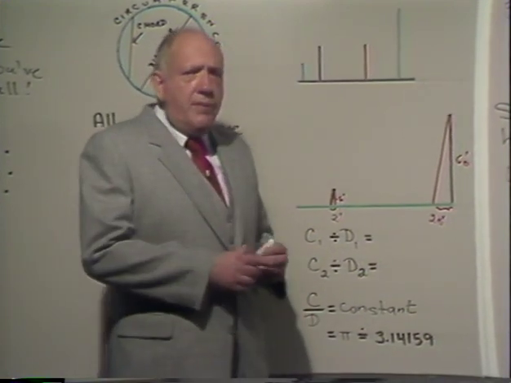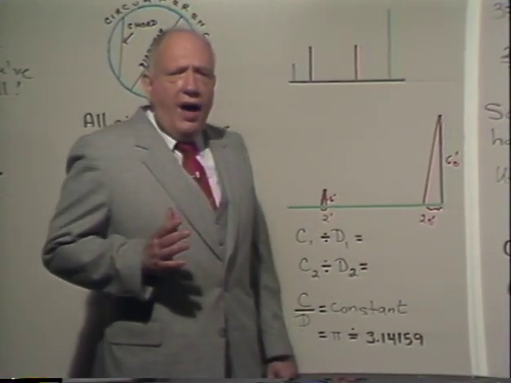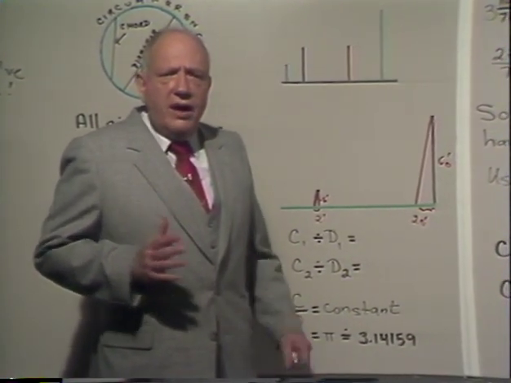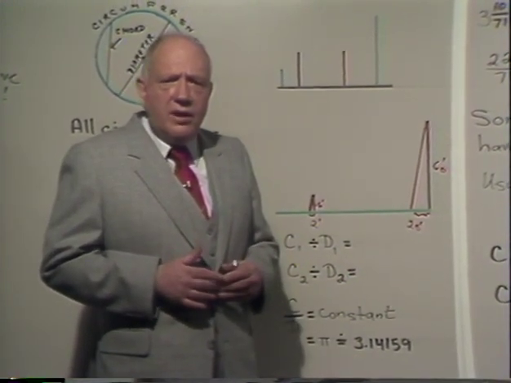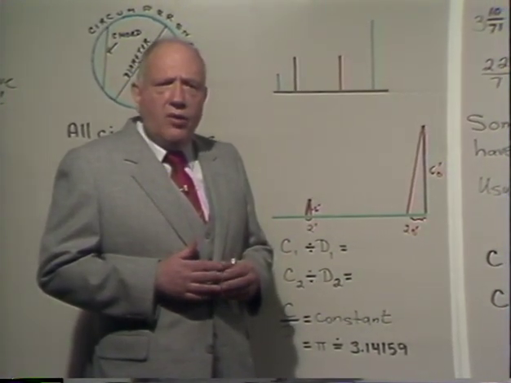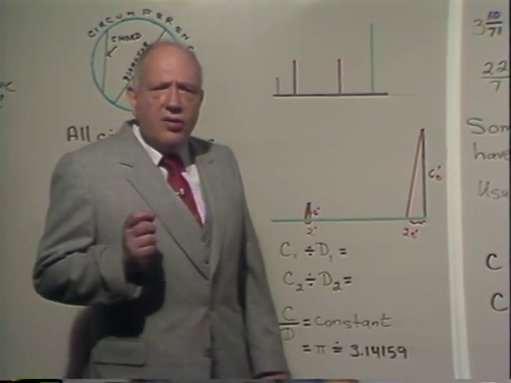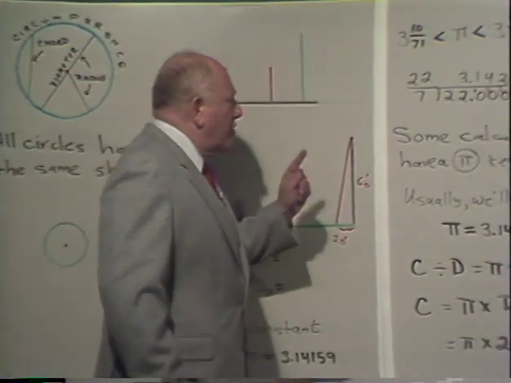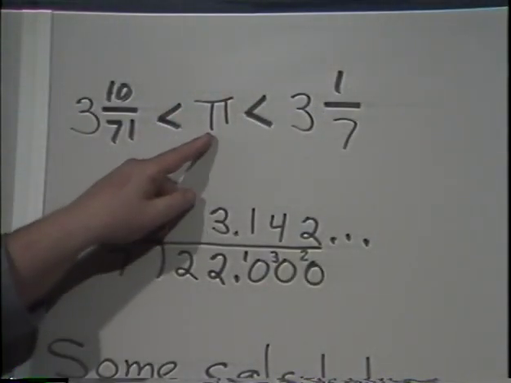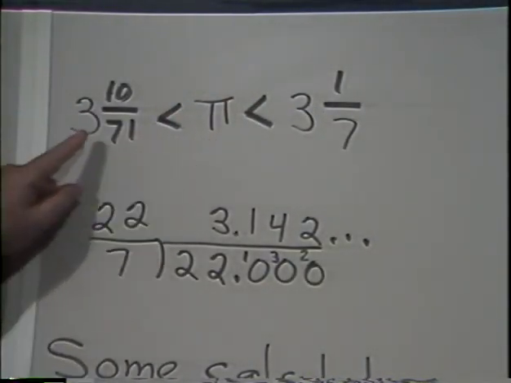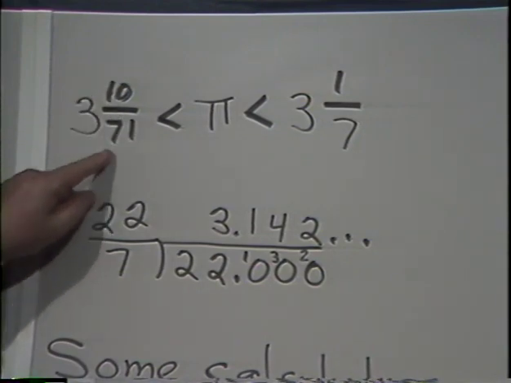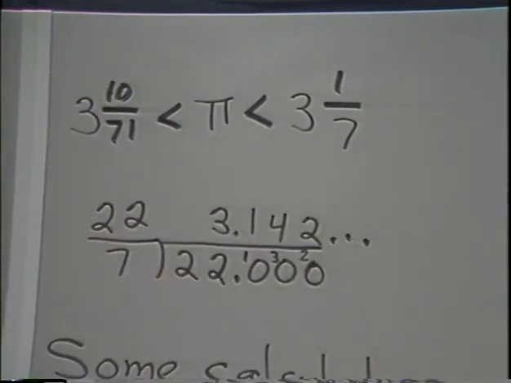In fact, you might be impressed to know that even though Archimedes lived in an era in which there was little technology, there were no automobiles, no televisions, no electronics, Archimedes, with his knowledge of mathematics, was able to show, and look at how refined this is, that the number pi was more than 3 and 10/71, but less than 3 and 1/7.